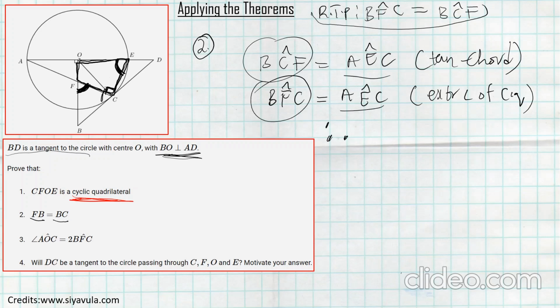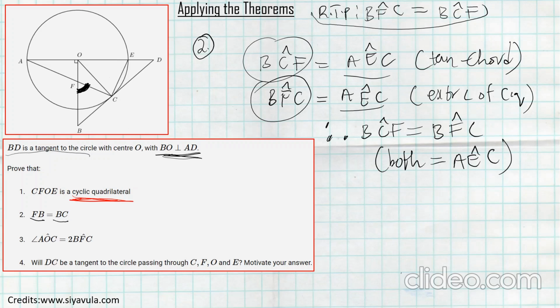Both of them are equal to angle AEC, meaning that we can equate them to say angle BCF is the same as angle BFC, because both of them are equal to angle AEC. We've just proven that these two angles are equal.